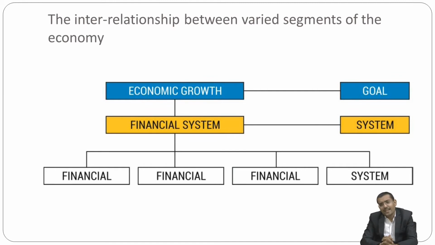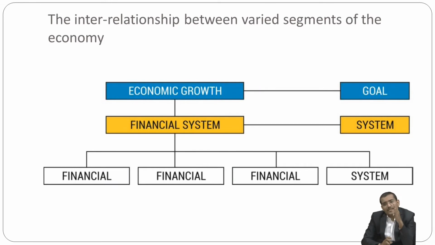There are other areas which are also dependable for economic growth, but as we defined, the financial system is important in nature, and the financial market is a component of the financial system.